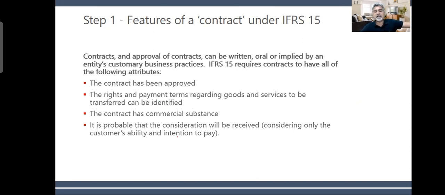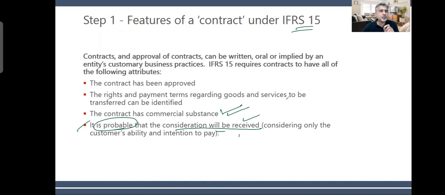Then it is probable that the consideration will be received, considering only the customer's ability and intention to pay. That's very important. We discussed this before as well, that for a contract under IFRS 15 revenue, the consideration should be there, and it is probable that consideration will be received, which means that the customer has the ability and willingness to pay.